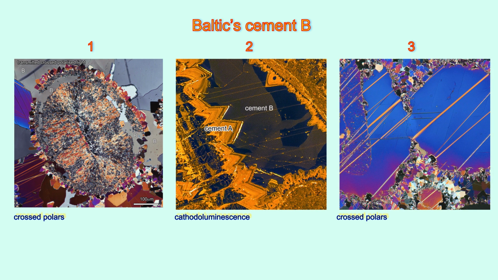After precipitation of cement B, its crystals were cut by polysynthetic twin planes that offset its growth zones. Raven recognized these in 1983 as structural twins, linking them to the nearby late Carboniferous gneiss disturbance.